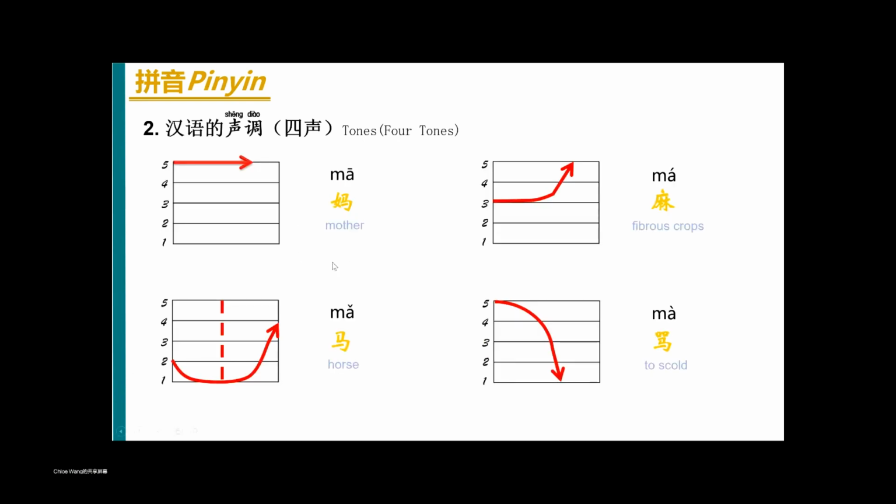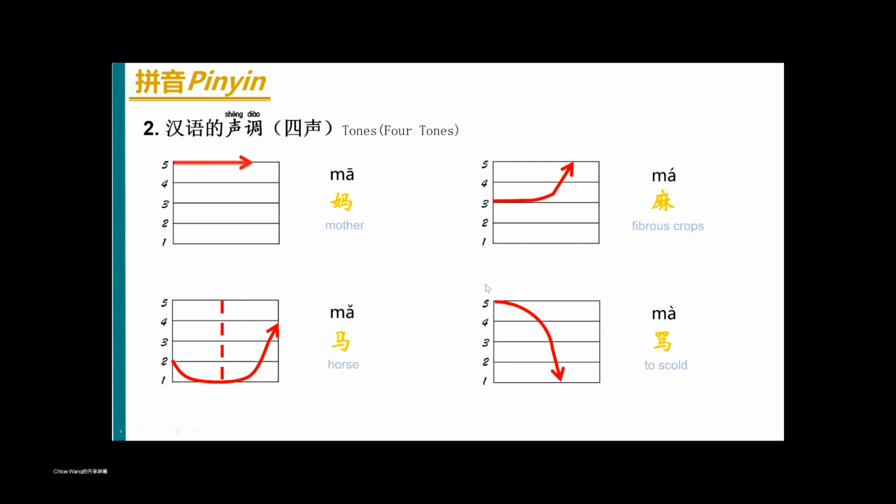And then let's learn them one by one. So the first one, the first tone, sounds like ah. And this sound we can tell from this mark here: it goes swift, it goes smooth.